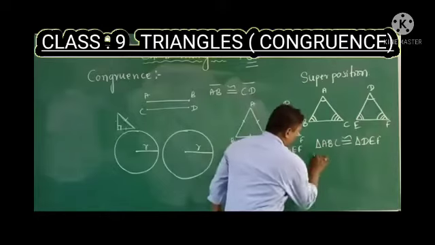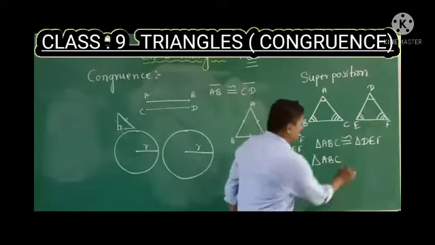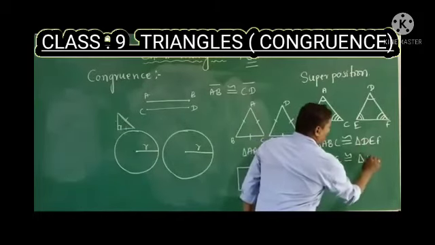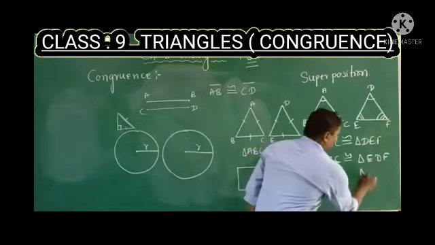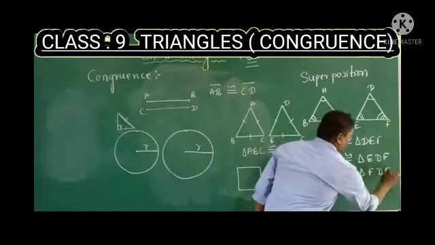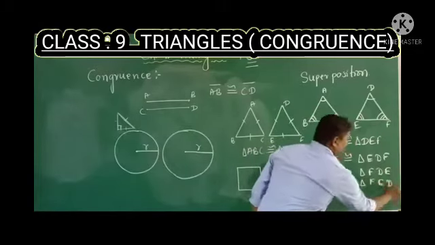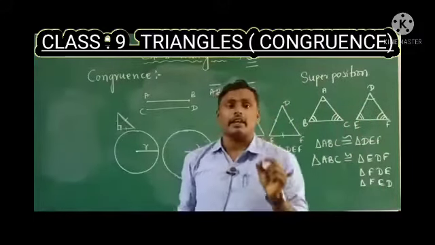But we cannot represent it like this: triangle ABC is congruent to triangle EDF, or triangle FDE, or triangle FED. Whenever we represent the triangles, it should be in cyclic order.